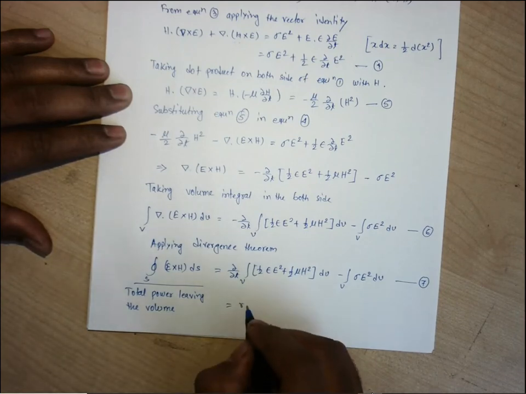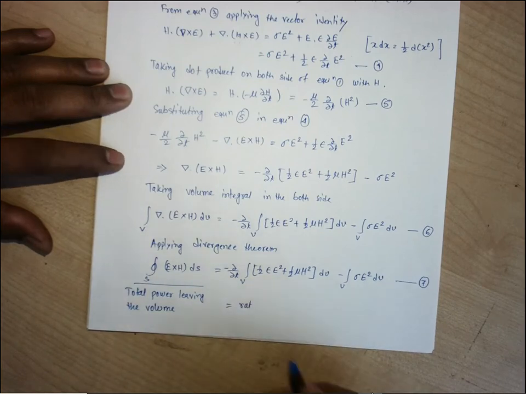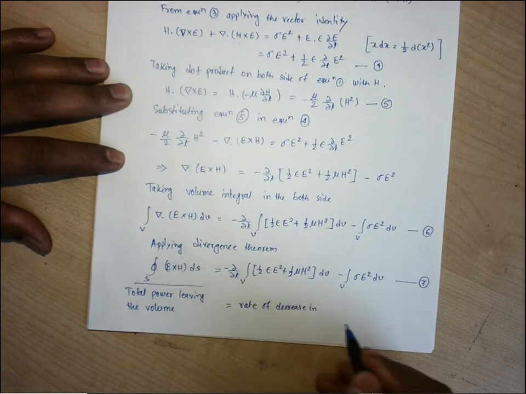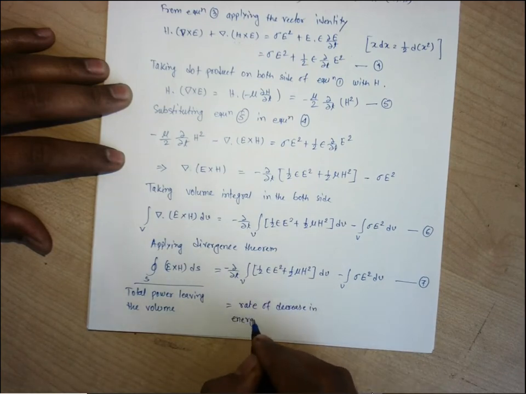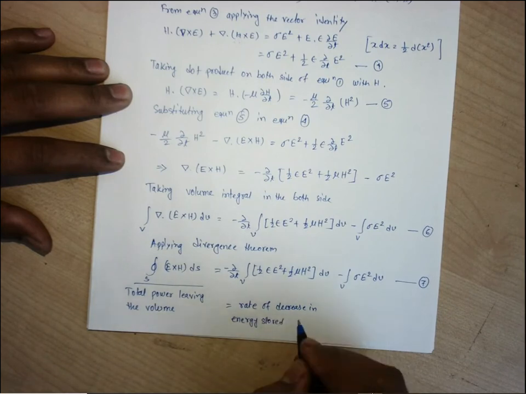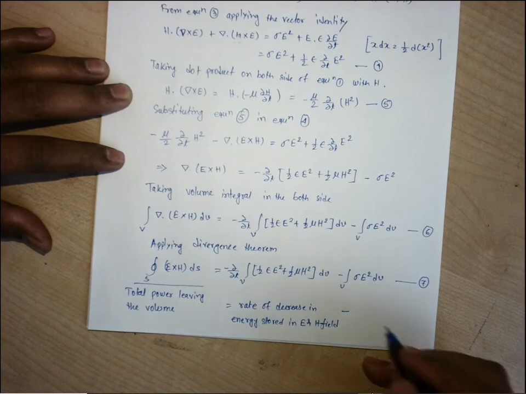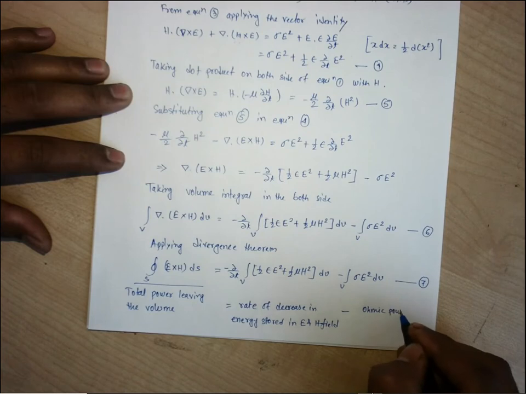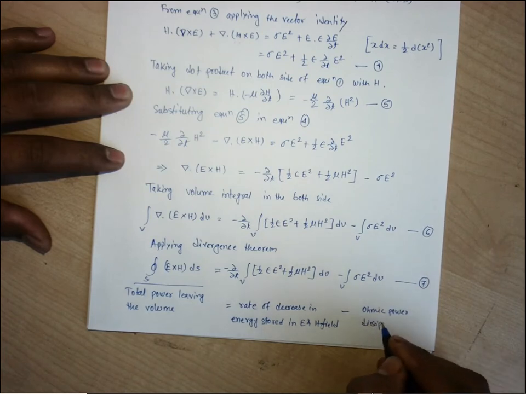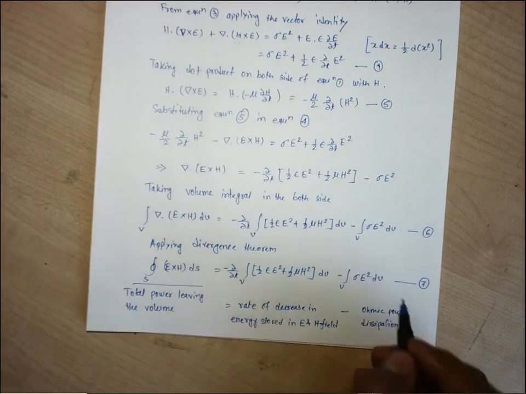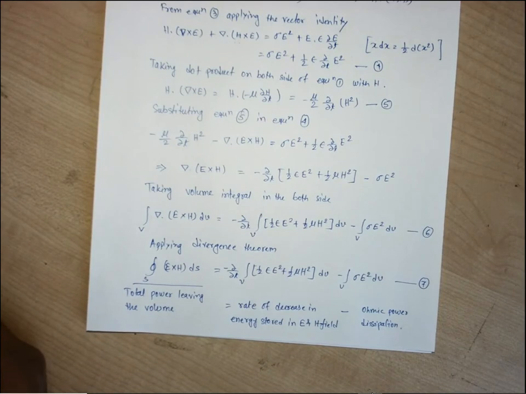Since minus is there, it is the rate of decrease in energy stored in E and H field. Minus, this is known as ohmic power dissipated, power dissipation. So this equation number 7 is known as Poynting theorem.